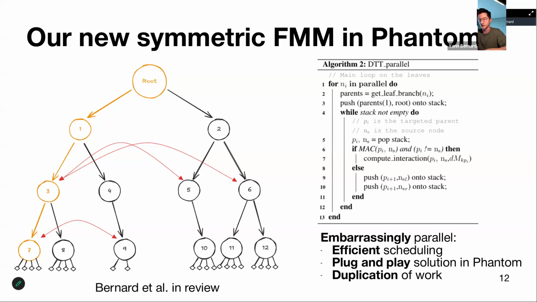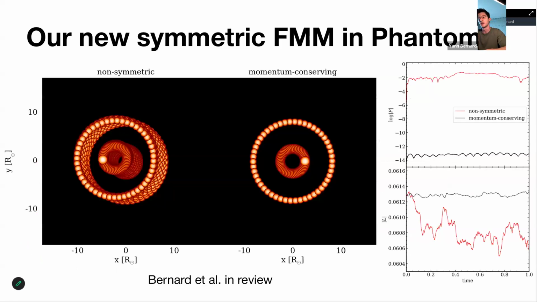But recently, I've implemented an interaction cache that allows us to store the interactions when we compute them once, and then just fetch the numbers when another leaf needs this interaction. With that, we have pretty much the same performance as the old method, but with momentum conservation.